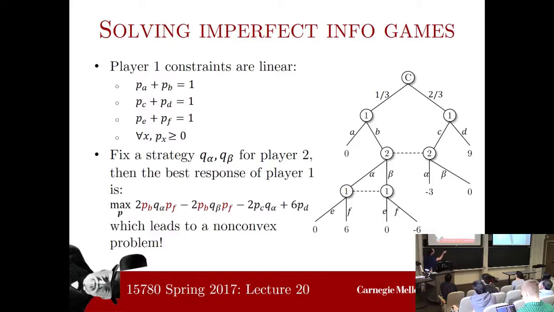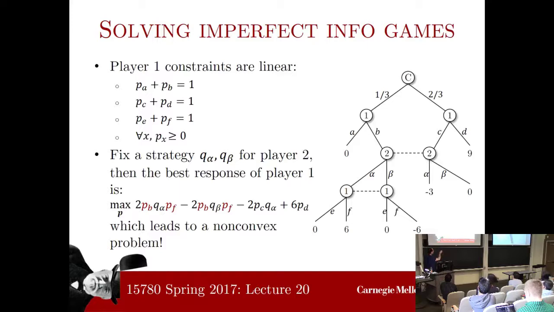It's going to be 1/3 times PB times Q alpha times PF. And then times 6. So I get 1/3 times 6, which is 2, times PB times Q alpha times PF. Here's another non-zero node. So from this I get 1/3 times PB times Q beta times PF.